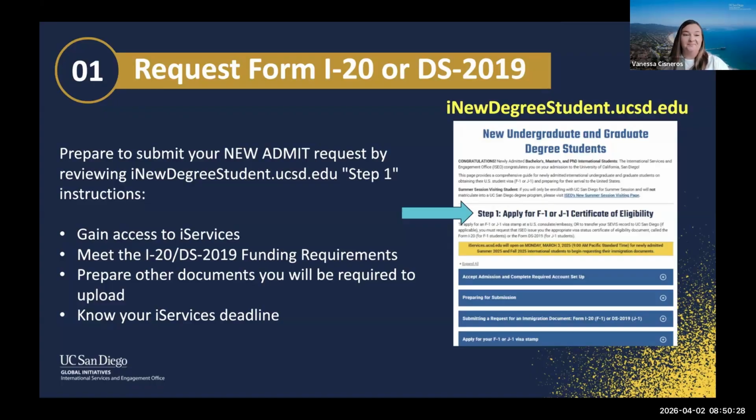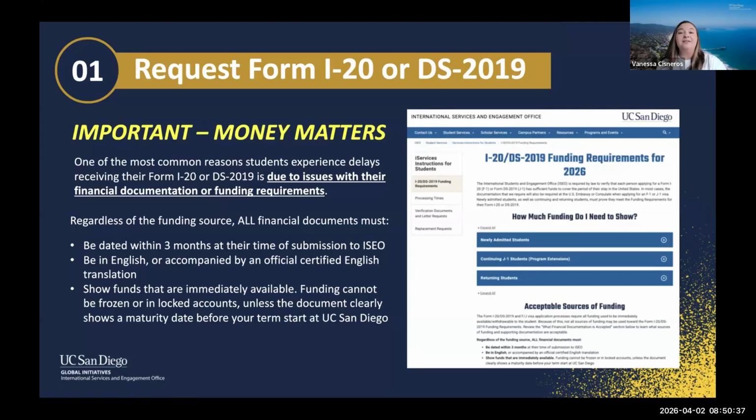The International Students and Engagement Office is required by law to verify that each person applying for a Form I-20 for the F1 visa or DS-2019 for J1 visa has sufficient funds to cover the period of their stay in the United States. In most cases, the documentation that we require will also be required at the U.S. Embassy or Consulate when applying for an F1 or J1 visa.